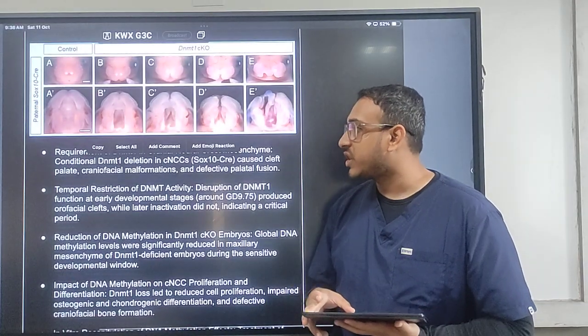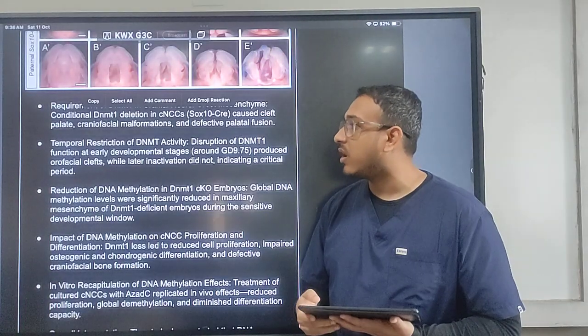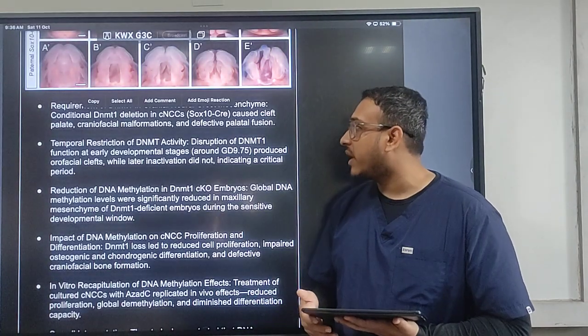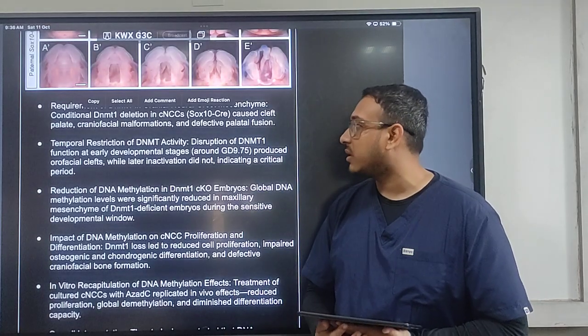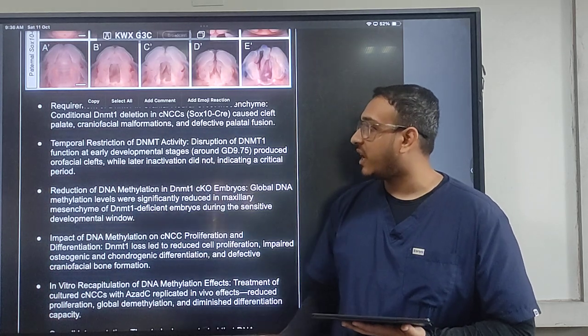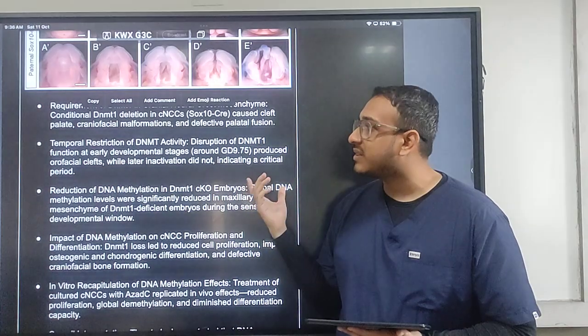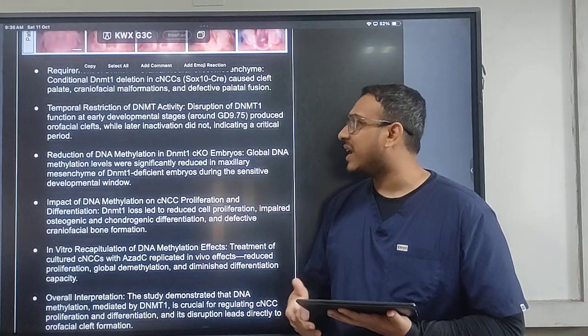The temporal restrictions of DNMT activity: disruption of DNMT1 function at early developmental stages, around 9.75, produced orofacial clefts, while later inactivation did not, indicating there is a critical period for DNA methylation.